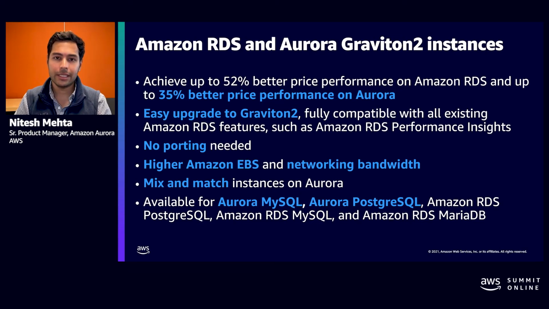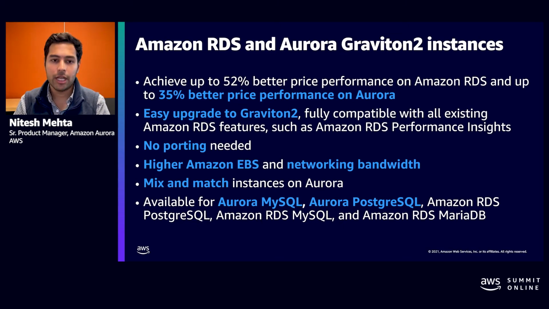With Graviton2 instances, you can mix and match Intel and Graviton2 instances within the same cluster. So if you have an Intel instance that's the primary, maybe half of the readers can be Graviton2, the other half can be Intel, and then you can split the traffic however you need it. That's flexibility that you get on a fully managed database service like Amazon Aurora.